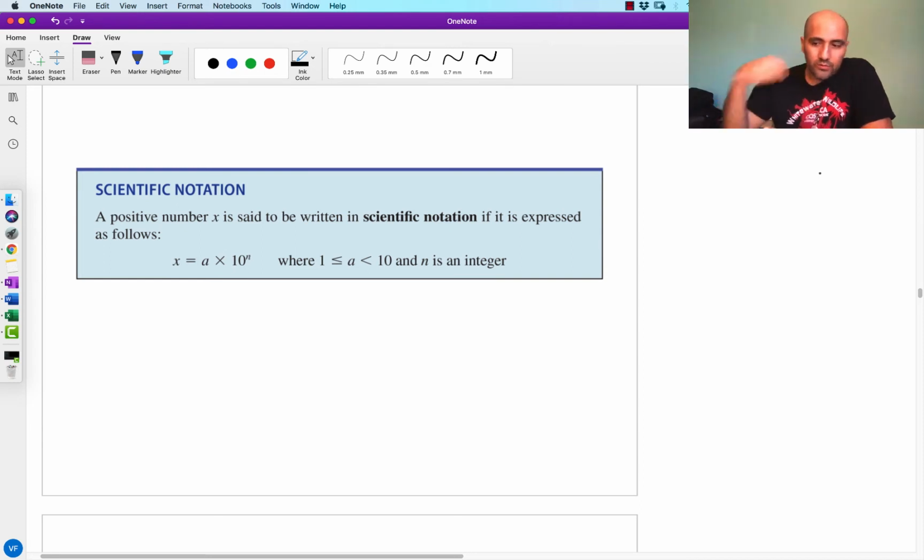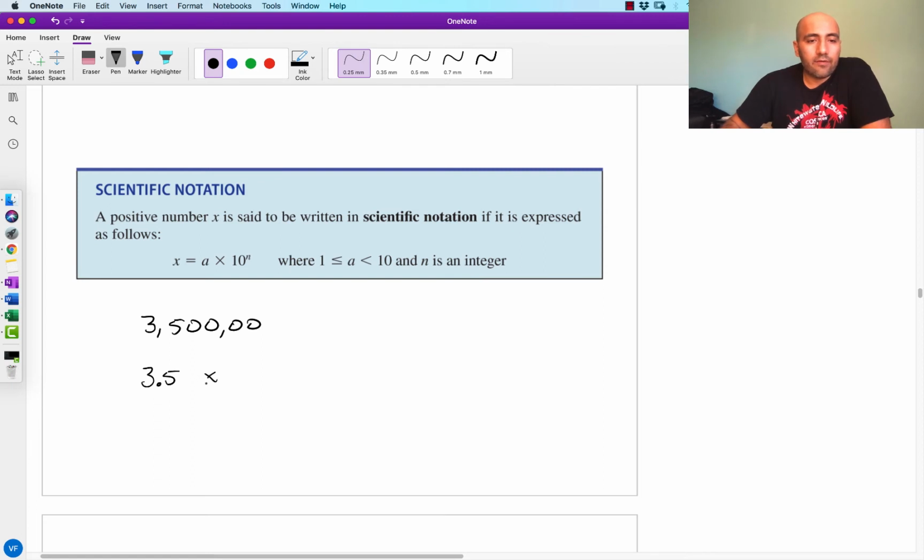Okay, so what are we doing here? We're looking at powers of 10, so we're going to take advantage of powers of 10, and we're going to express either a very large number or a very small number this way. So, for example, if we had 3,500,000, what we want to say is that this can be expressed as 3.5 times 1 million.